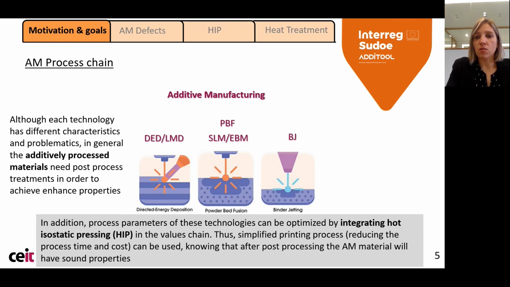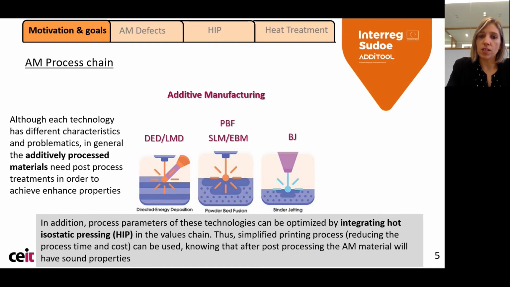So then, once we have chosen the correct powder for each technology, we have the different AM technologies. In this presentation, I'm only going to focus on AM for powders, so I'm not going to talk about wire deposition, but about two different types of AM processes.